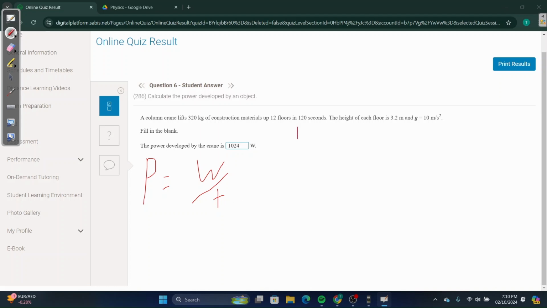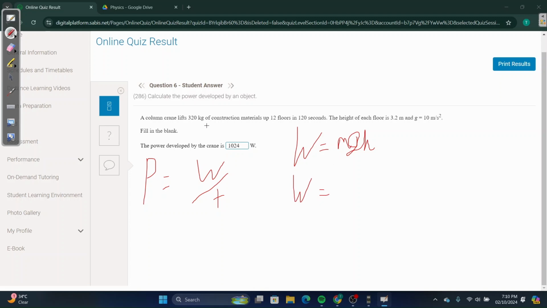We start off with the work. The work here is going to be mgh because it's gravitational. It's going up or down, so it's probably going to be mgh. If it's going left or right, it's going to be force times distance times cosine of theta. So W equals mgh.